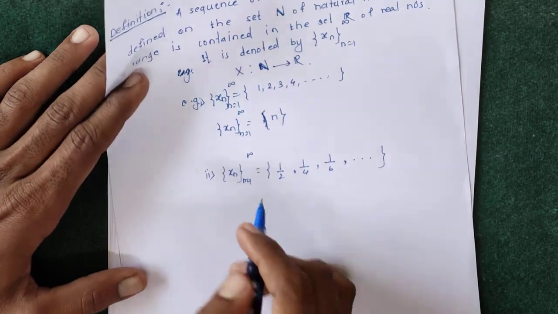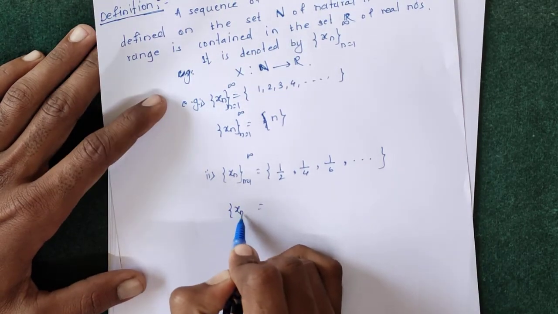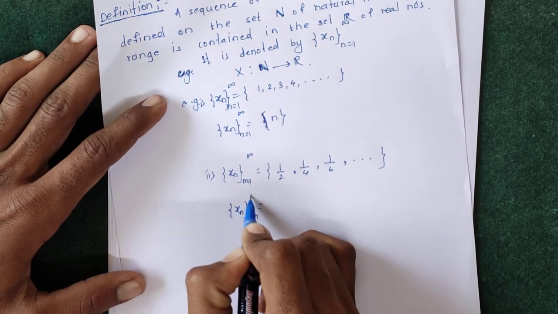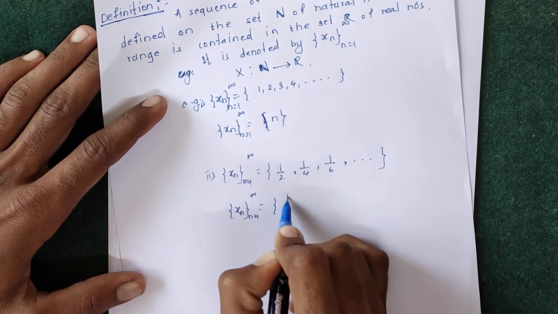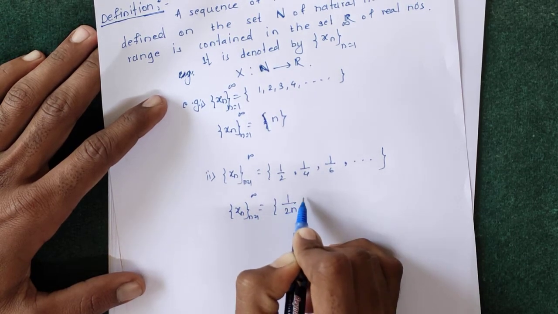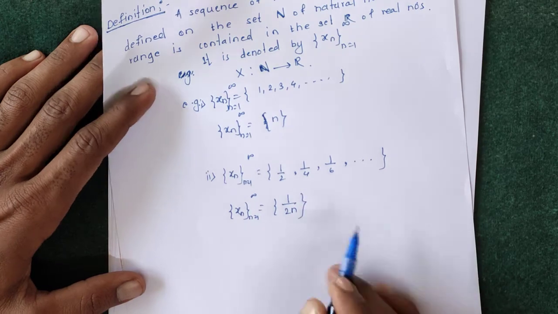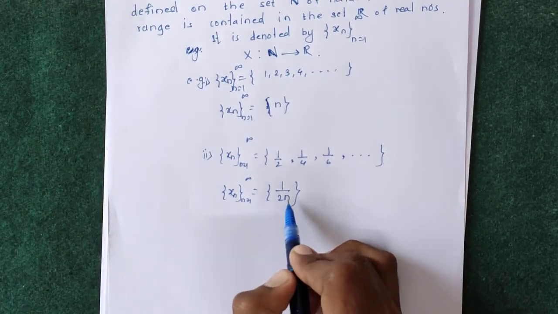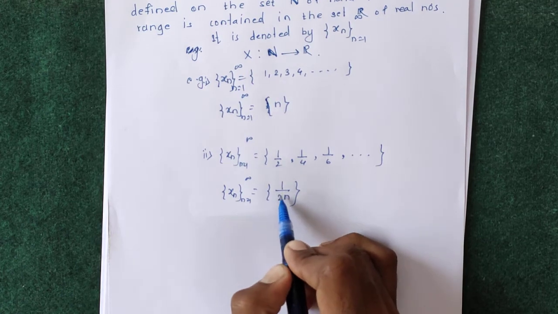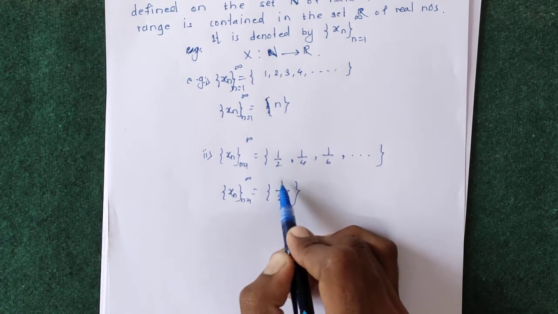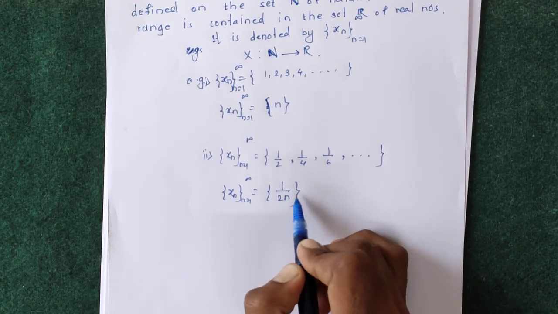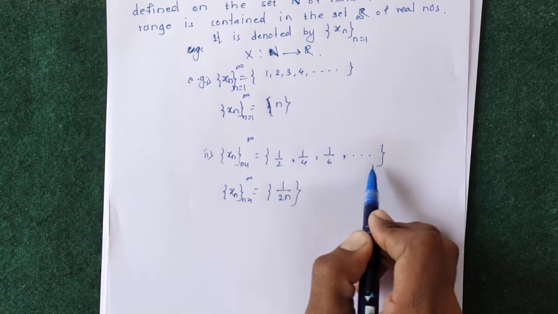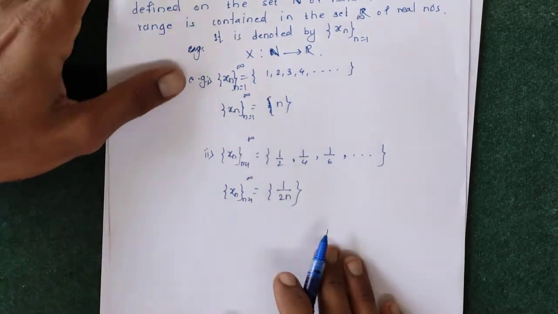So we can write xn equals 1 upon 2n. If we put n equals 1, we get 1 by 2. If we put n equals 2, then 1 upon 2 into 2, which is 1 by 4. Similarly, 1 by 6, 1 by 8 and all other numbers. So this is another sequence.